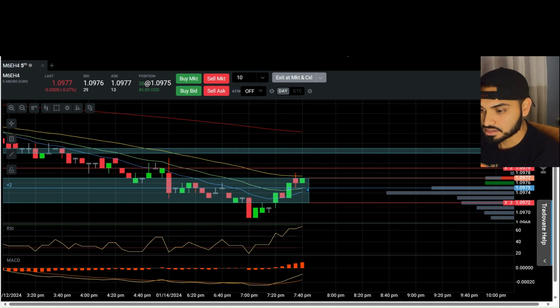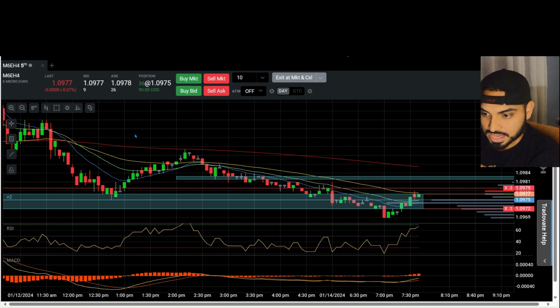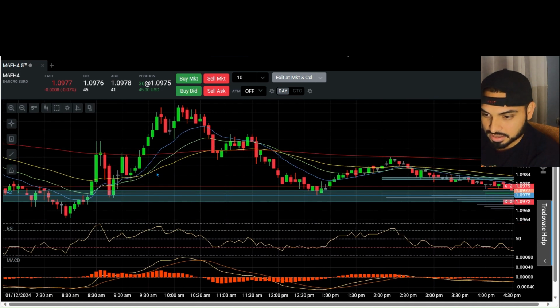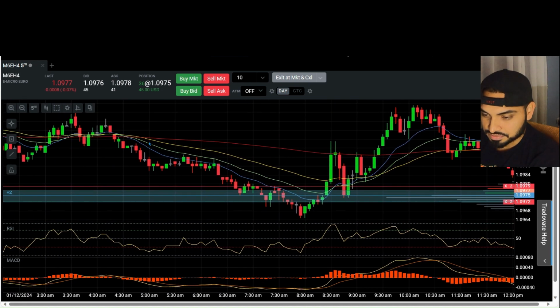But look at the EMAs. Look how they're diverting from down, converting to go up to the upside. Show you another example. The EMAs ride with the price action.